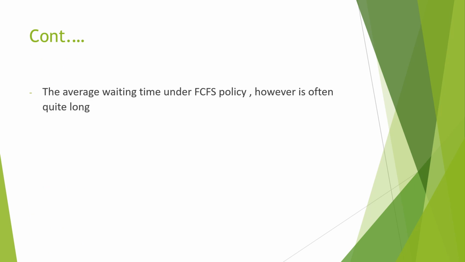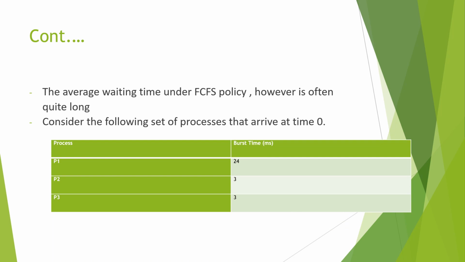The average waiting time under first come, first serve policy, however, is often quite long. Consider the following set of processes that arrive at time 0. So we have process P1, P2, P3. Process P1 burst time is 24 milliseconds.